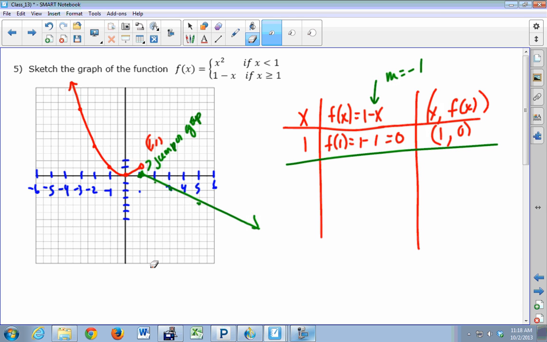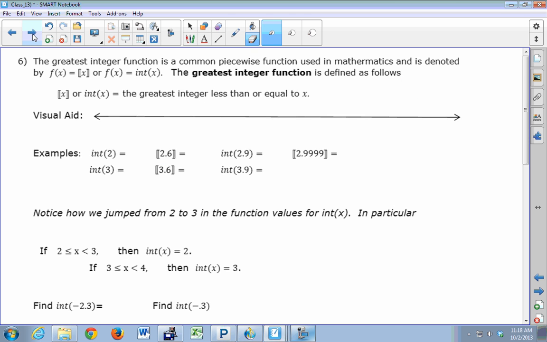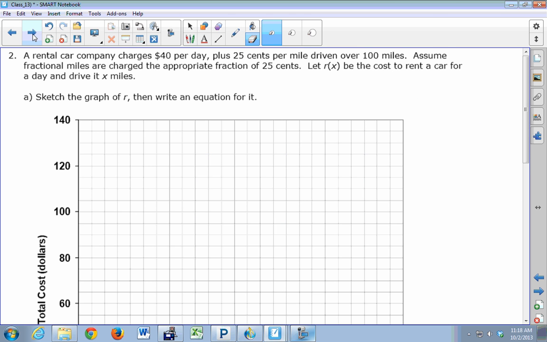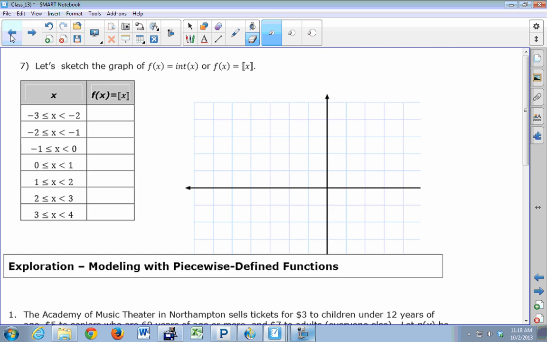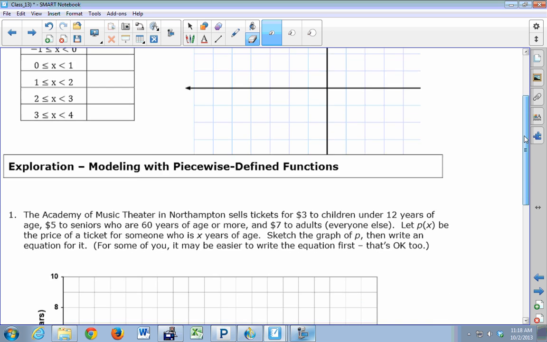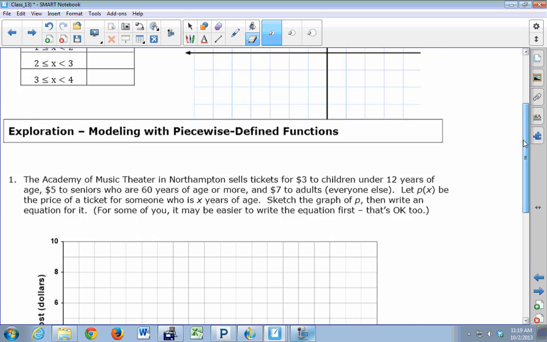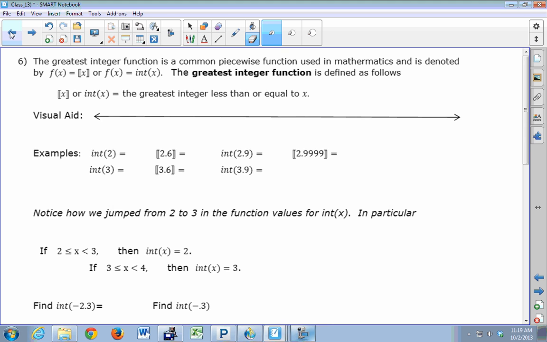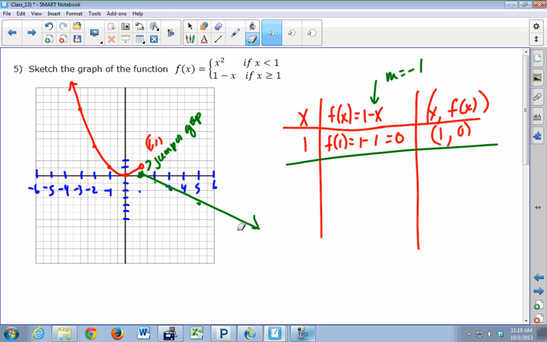Any questions on how to draw that piecewise function? Any questions at all? All right, so let's move on. Before we do the greatest integer function, I'd like you to try this first. Sorry, I had a question. Yeah, okay. So on the last page, how did you know that the slope is negative?